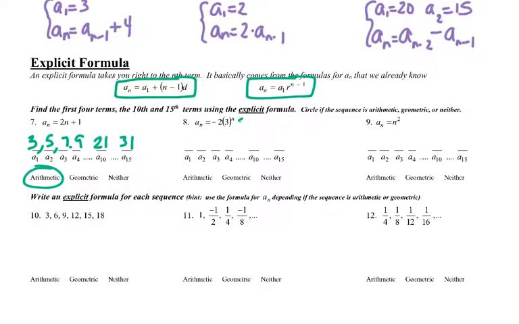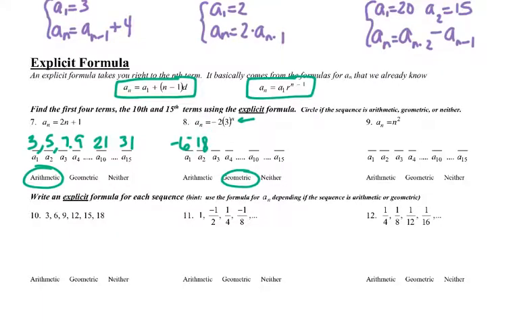I bet you can guess what this one's going to be with that n in the exponent. Right, it's going to be geometric. And again, I'm just plugging in. Now, geometric ones can get a little crazy. Negative 2 times 3 to the first is going to be negative 6. Negative 2 times 3 squared, what's that? Negative 2 times 9, which is negative 18.